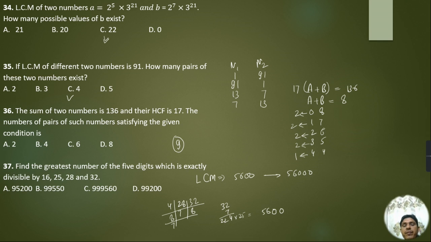For making it the greatest number, multiply by 9, so 900.